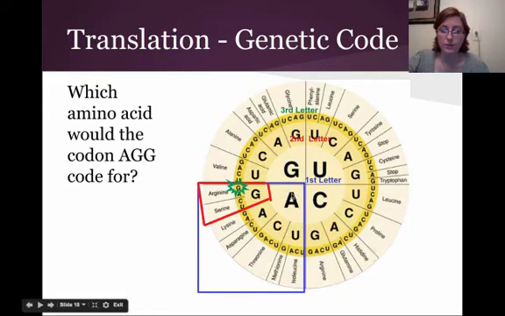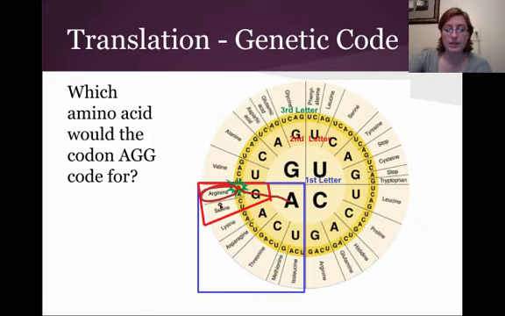So we have A. So put your finger on A. We'll follow along here. So we've got A here. My second one is G. So connecting to A, I need to go to G. And then my third one is G as well, all the way out to this ring. And so I find that my answer is arginine.